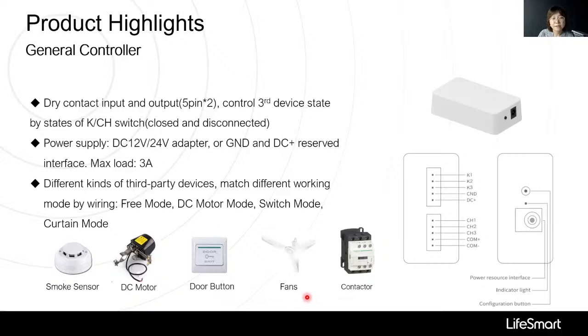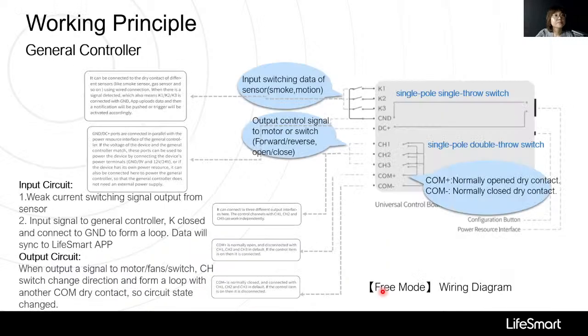Door button, fence, and contactor. This is a wiring diagram of free mode. Maybe it's a little confusing, but I will explain it more clearly. K1, K2, K3 is a switch, and it can connect to the sensor.